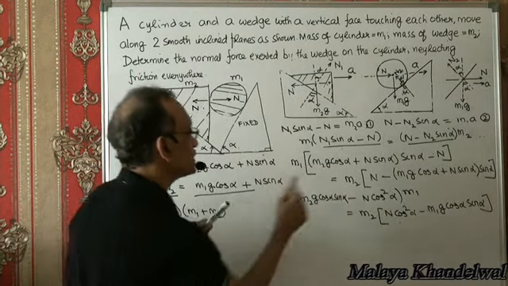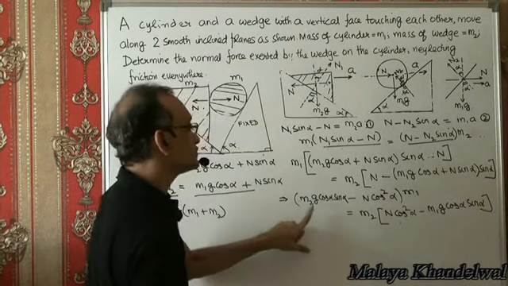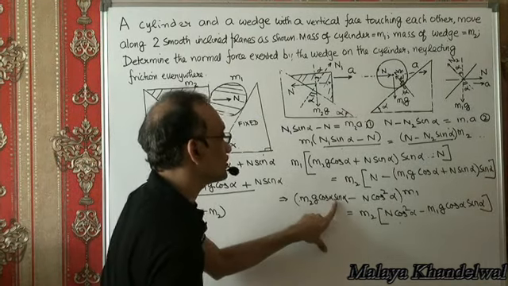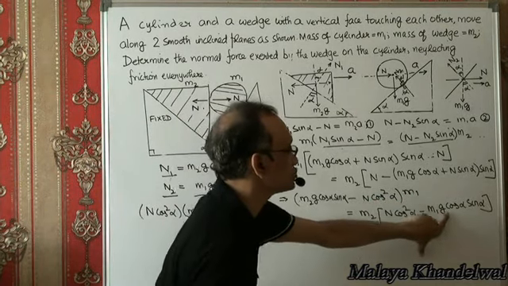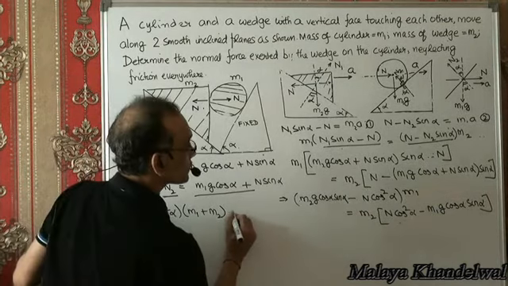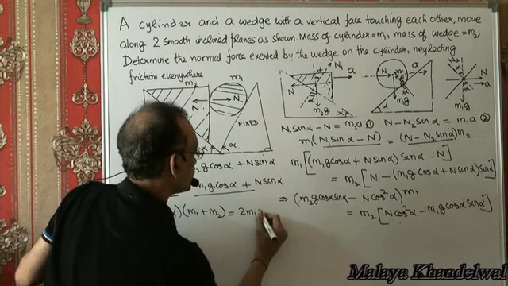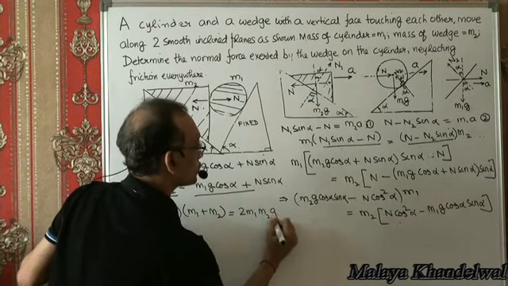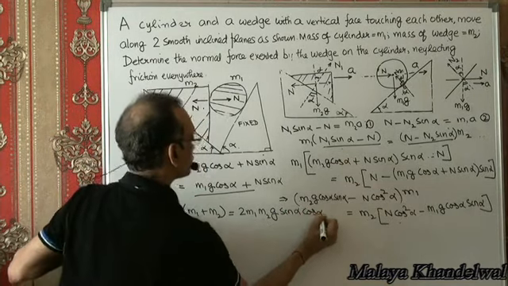I hope you realize what I did. This is m2g cos alpha sin alpha whole into m1, right? And there is m2g cos alpha sin alpha into m1, and there is m1g cos alpha sin alpha into m2. I can transpose on one side, and I end up getting 2 m1 m2g sin alpha cos alpha, right?